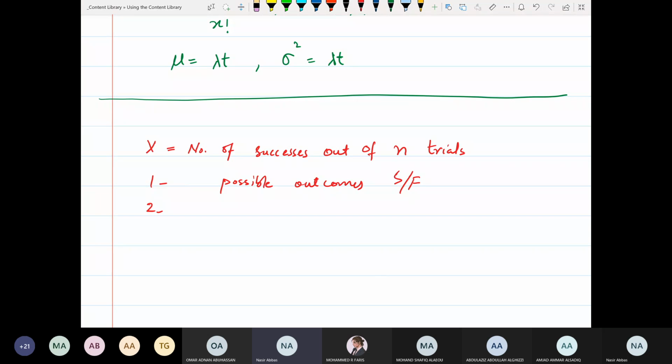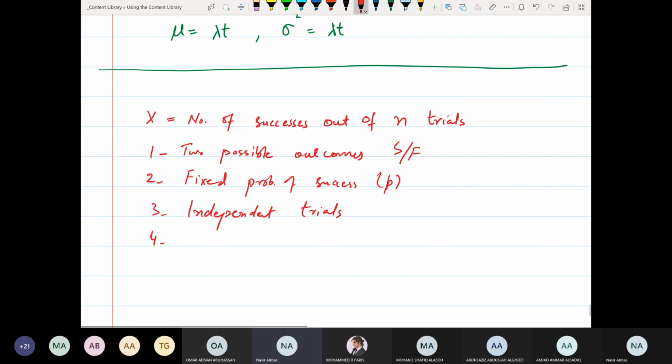Number 2, fixed probability of success, denoted by P. Number 3, independent trials.